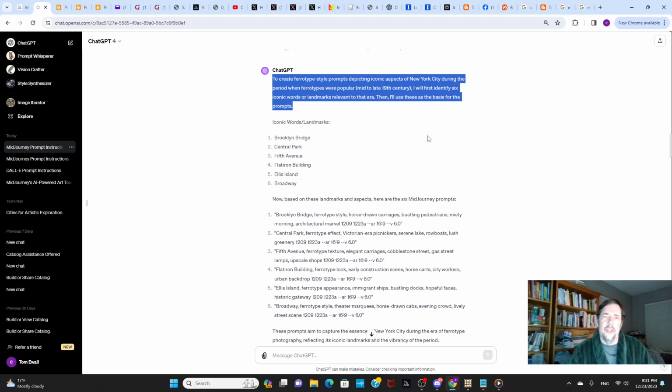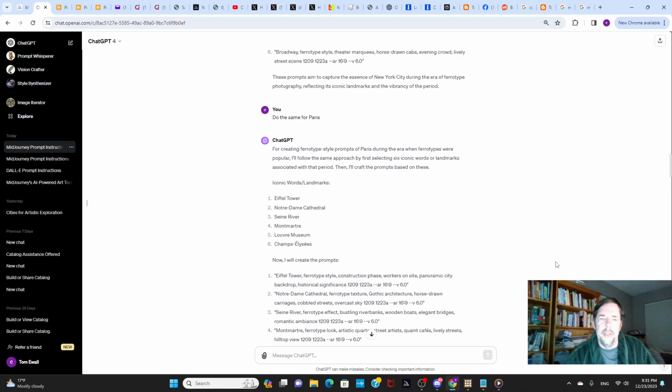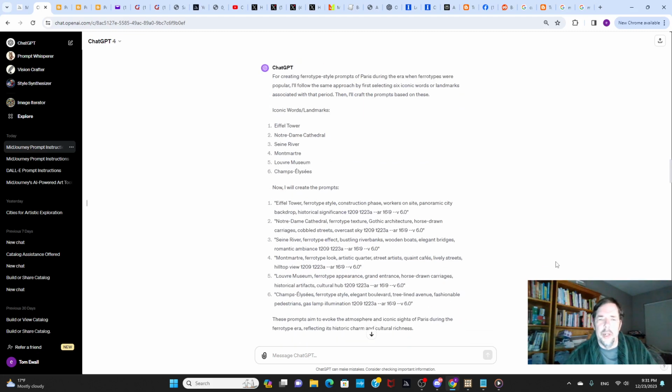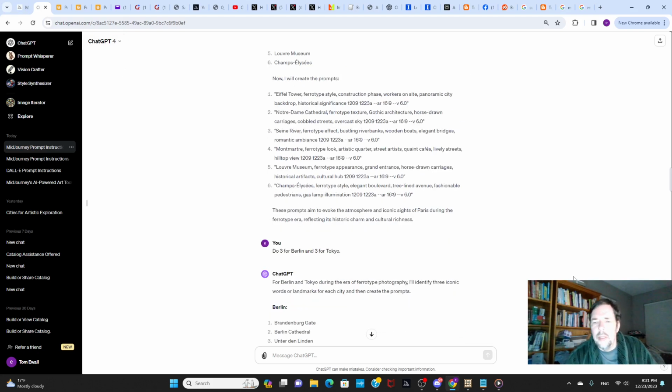Then it uses the iconic words to derive the prompts, and the prompts are of the structure that I originally gave. So these are 6 prompts for New York City. And I asked it to do it as of the time that tintypes were being used, and the same thing for Paris, and then for London, Berlin and Tokyo.